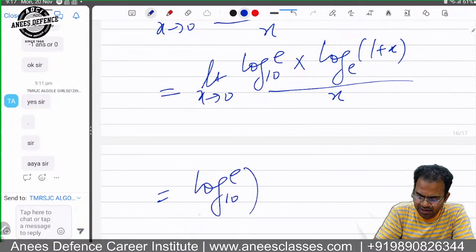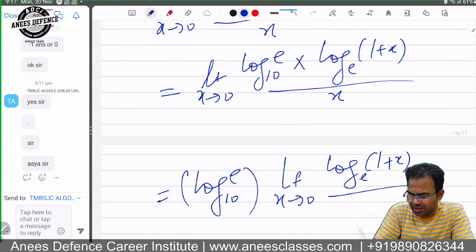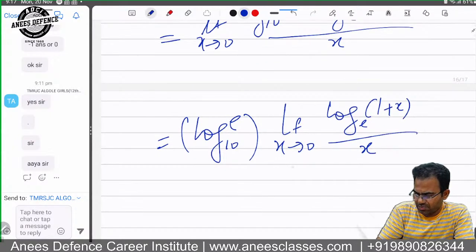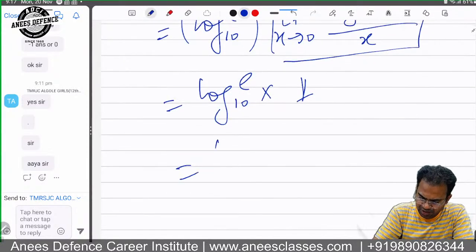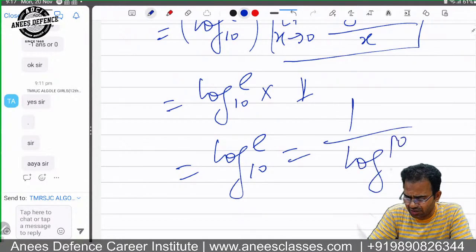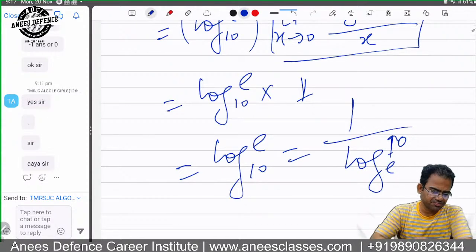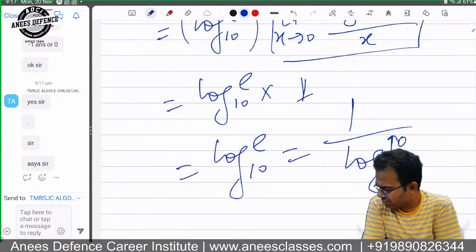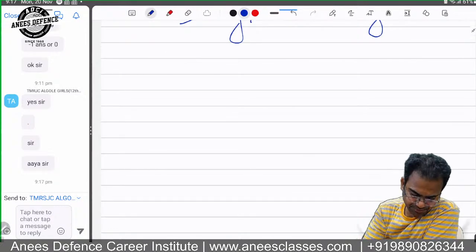So log e to the base 10 into limit x tends to 0, log 1 plus x to the base e divided by x. The formula for this part gives 1. So I will multiply log e to the base 10 into 1. We will get log e to the base 10. Then we can also write this as log 10 to the base e. Okay? Right? Now I will take one more question.